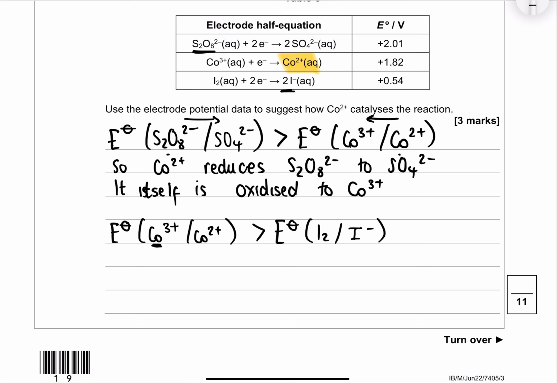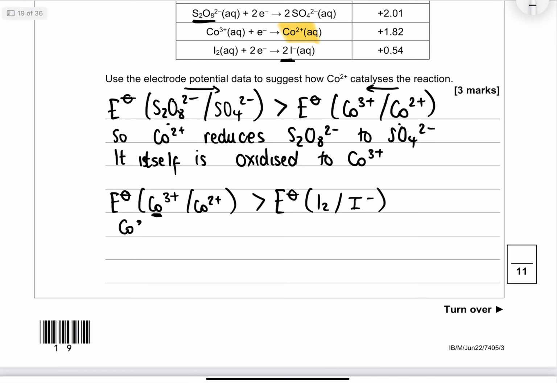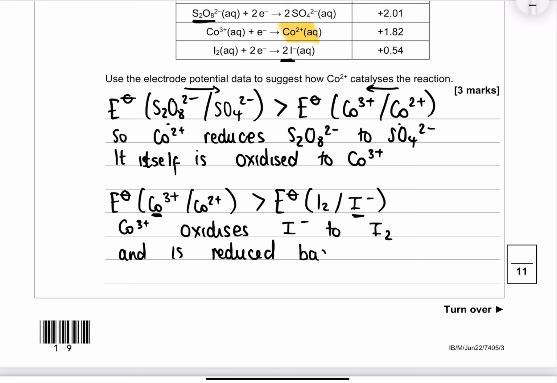Cobalt 3+ is now on the left. Things on the left are oxidizing agents, so cobalt 3+ oxidizes I-, the thing on the right, to I2, and is reduced back to cobalt 2+. We've regenerated our catalyst.